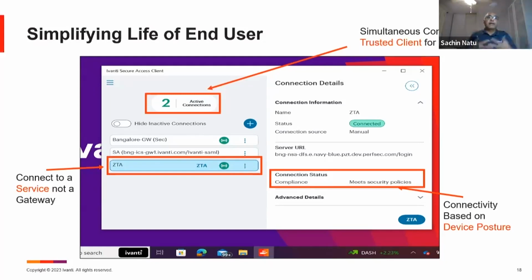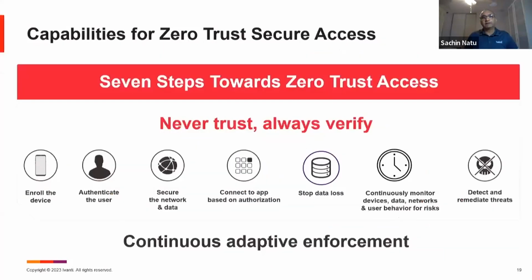And for an end user, that single client is super important, because I know most of the people on this call would be admins. All of us need to give the best experience to our end users, who are the corporate users. They're just using this one application that they have known for ages, for securing all applications.